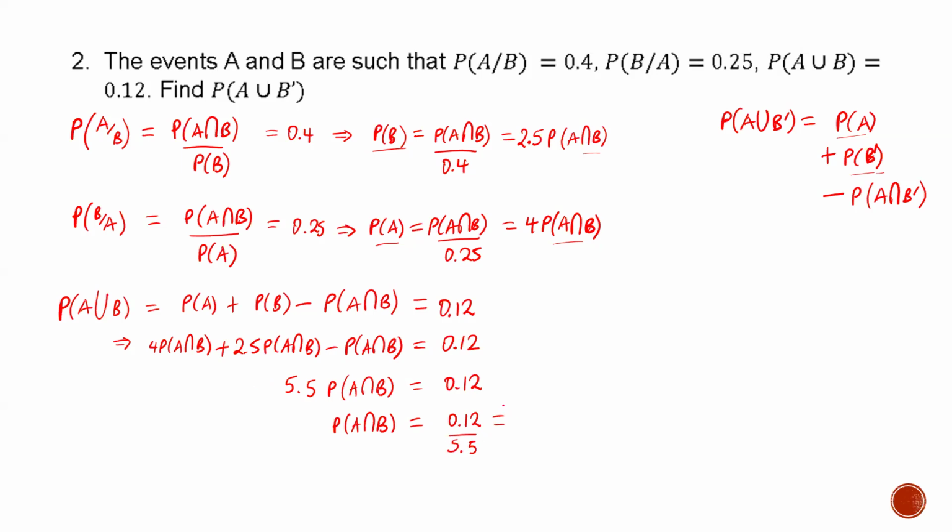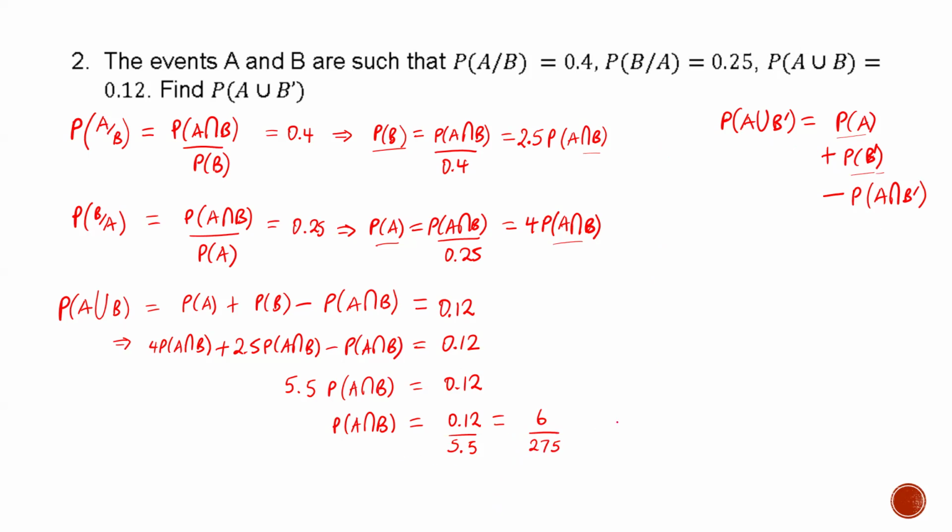Now, when you simplify this, this is 6 out of 275. I prefer to keep them in the simplest form of the fraction. Remember, what we want is the probability of A union B complement. That means we need A, B complement, and A intersection B complement.